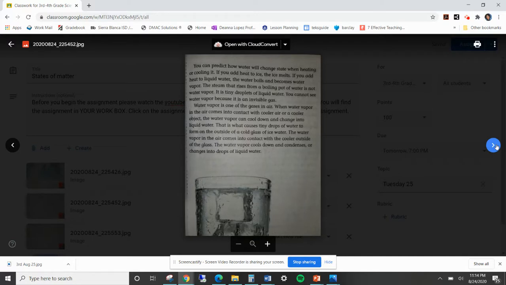And because your can of Coke is so cold, the water in the air is attracted to that cold can. And so it condenses on the outside of the can, and that's why your can becomes wet. It is water that is in the air that forms on the outside of that can.